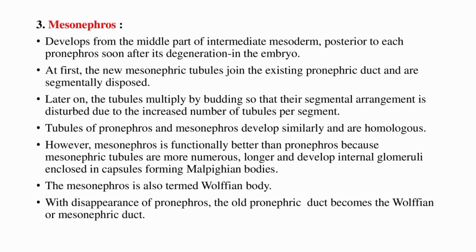Later on, the tubules multiply by budding so that their segmental arrangement is disturbed due to the increased number of tubules per segment. Tubules of pronephros and mesonephros develop similarly and are homologous.